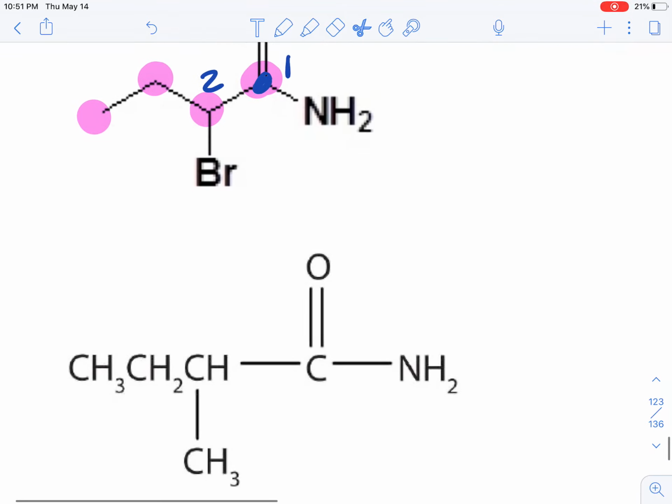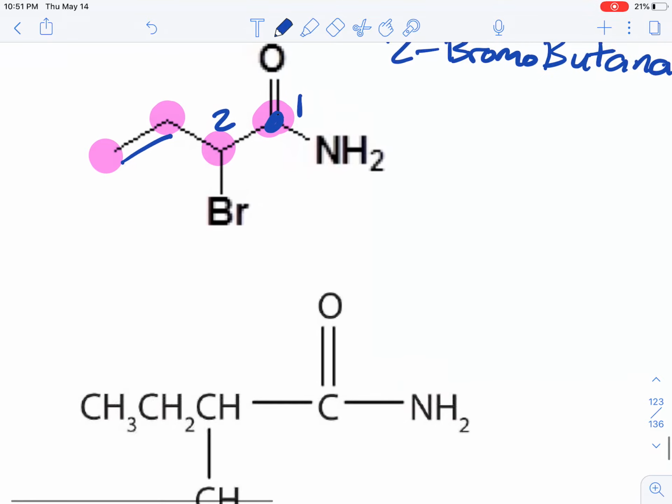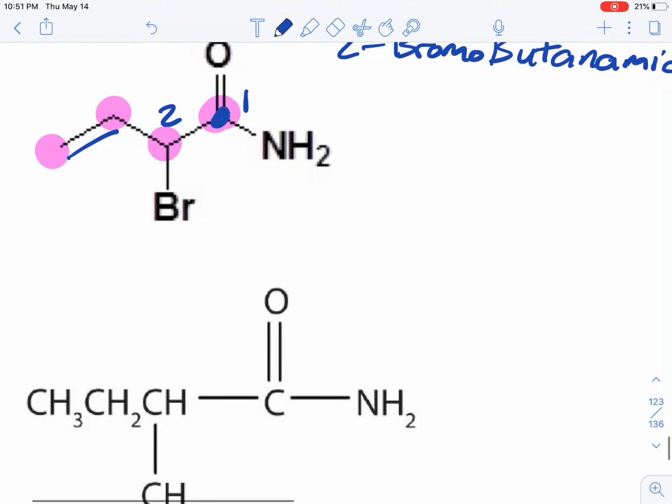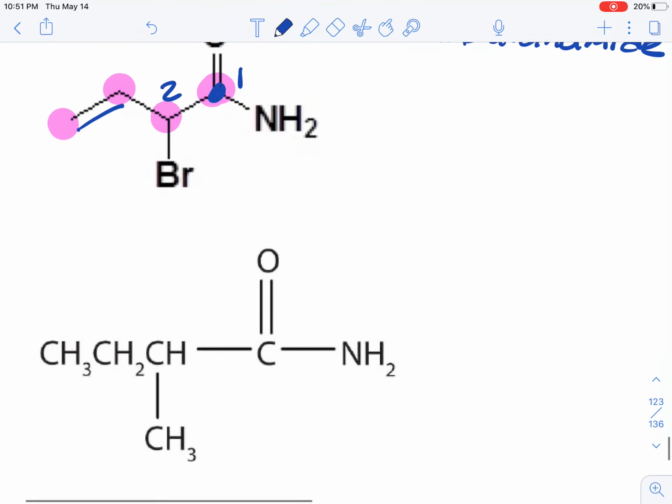Now, what if I were to put a double bond here? Well, that would change the name of my parent name. And so instead of it being butane, this would now be butene. And so I need to erase the E, add the amide.